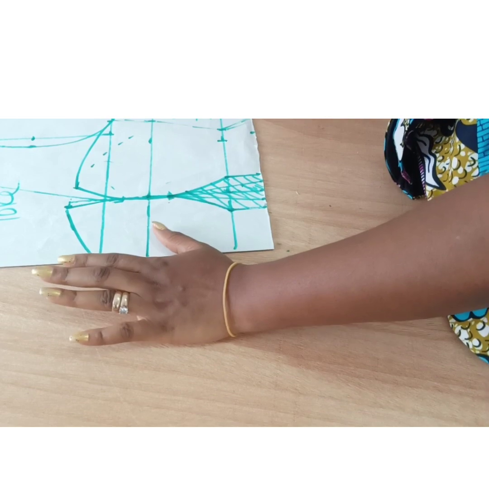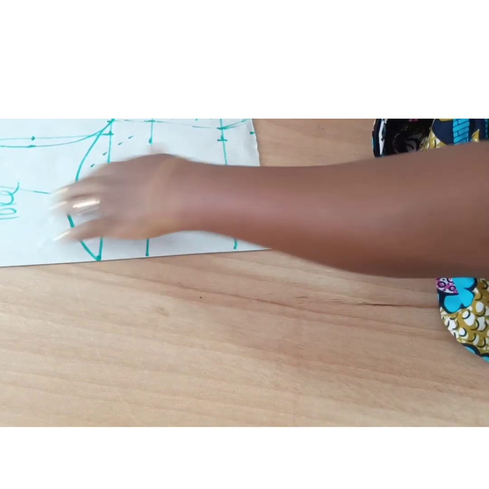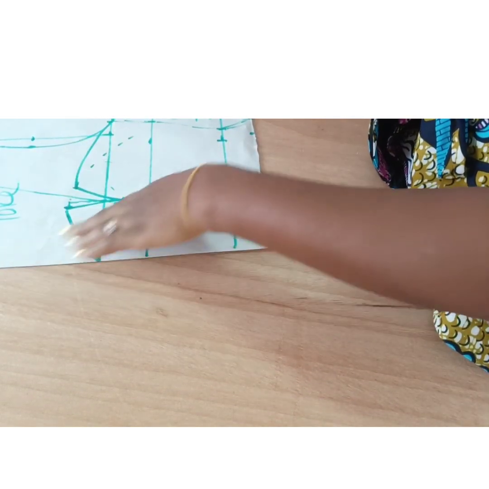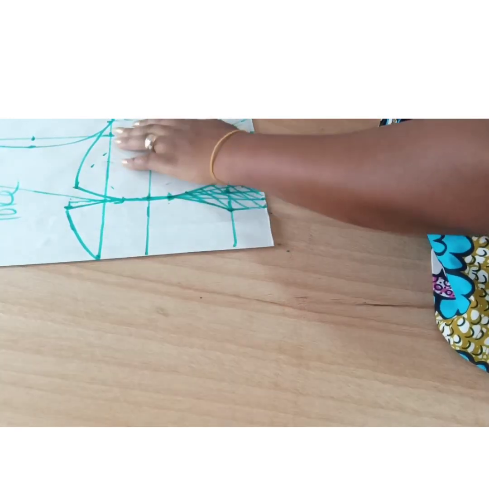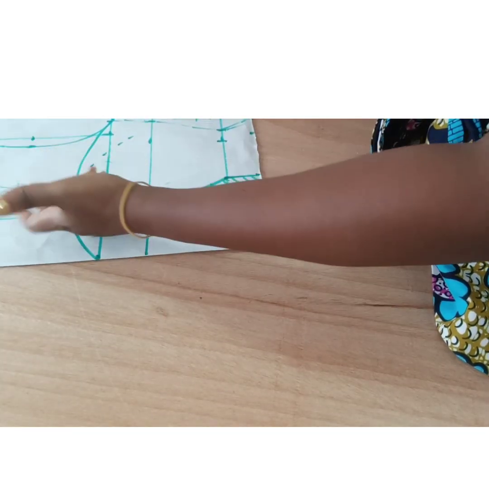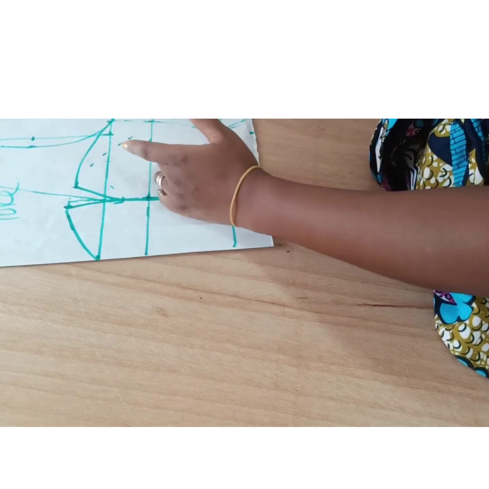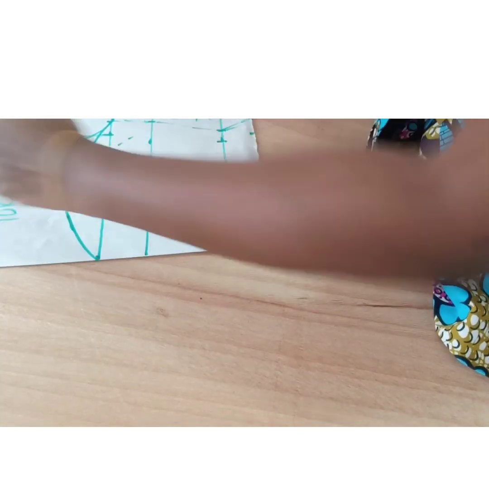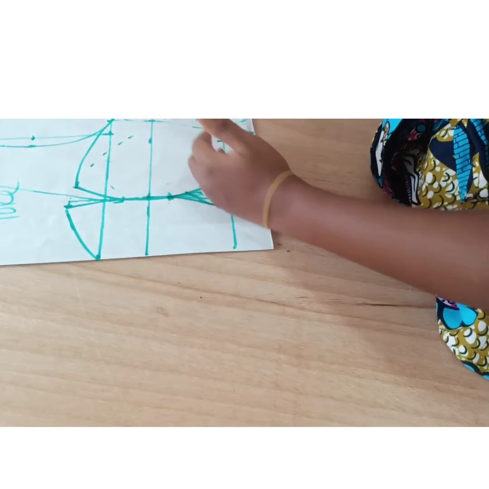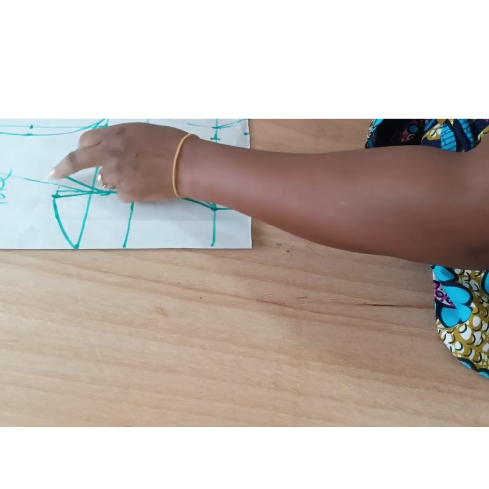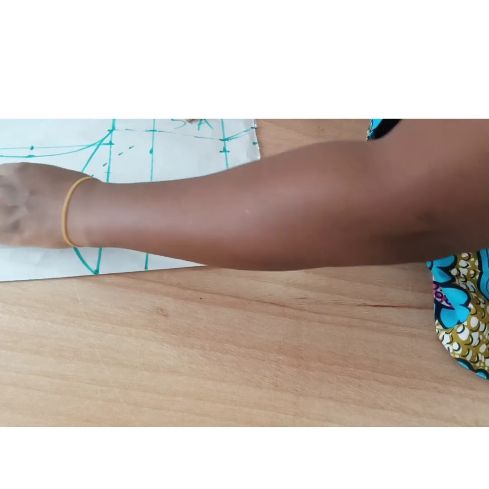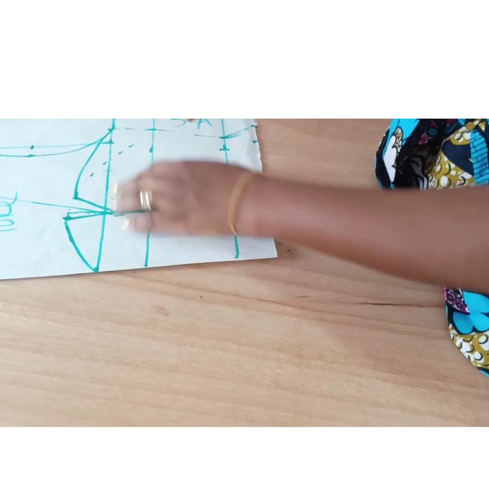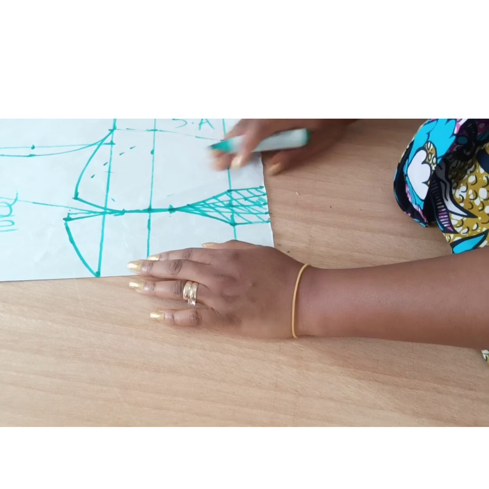If you want your bustier to have a shoulder, then you make use of all of them, depending on if you want to mix up your fabric. Let's say you want to have a lace here and an Ankara fabric here, then you can cut this as a yoke and use this part to cut out the lace, and use this part to cut out the bustier.